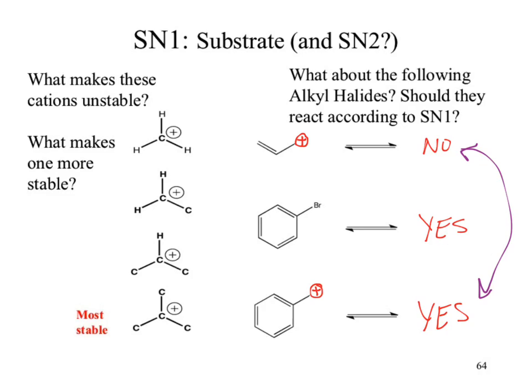That's a bit of a problem. What is special about both those structures? They both have resonance. I can take those electrons and move them over. What does that mean happens to the carbocation? It becomes stable.